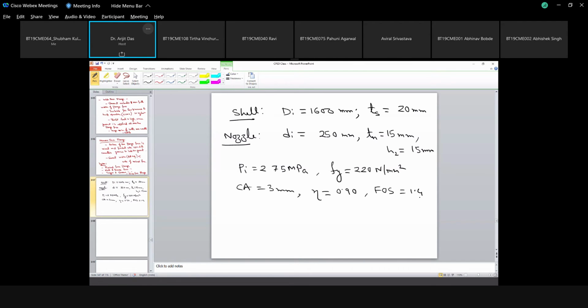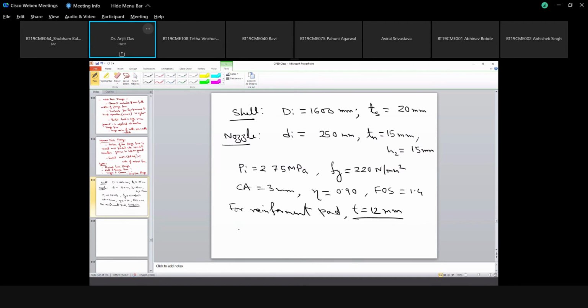So these values are given. Now, if the reinforcement pad is needed, the thickness of the reinforcement pad should be 12 mm. It is given also.